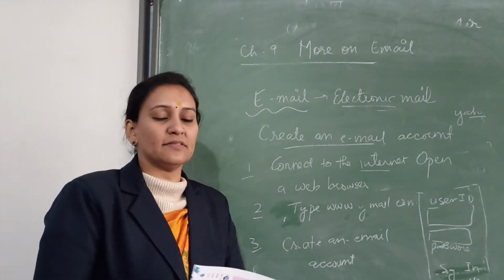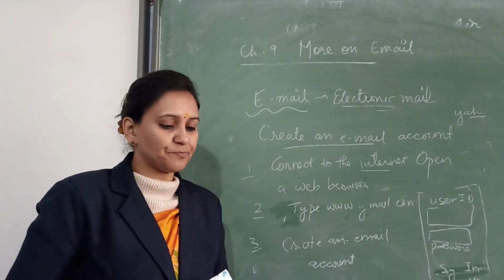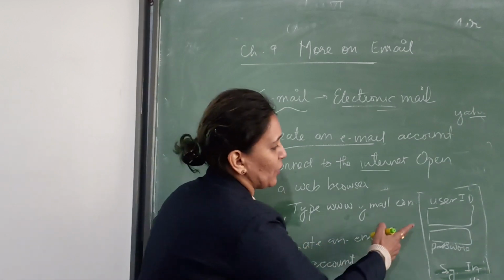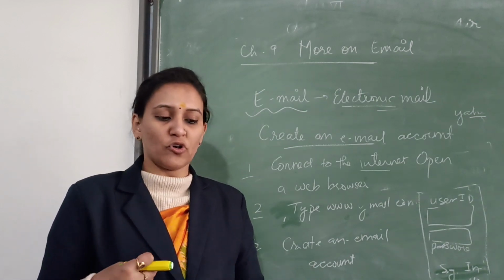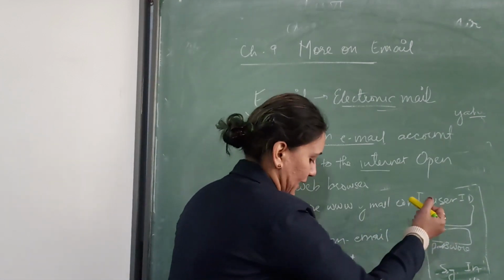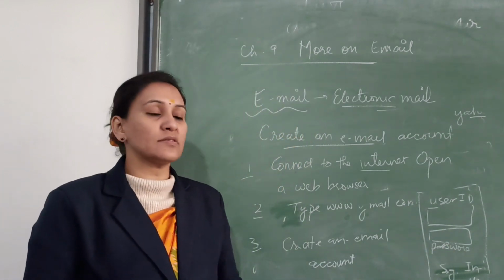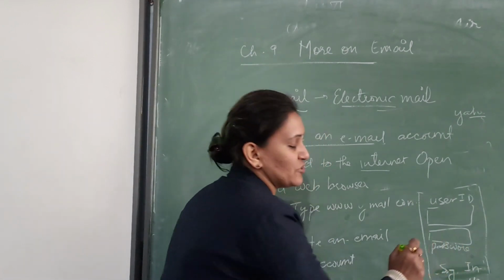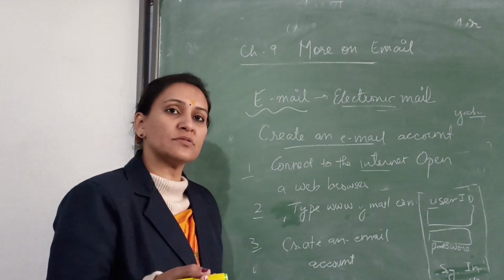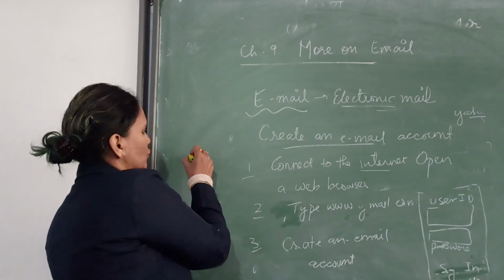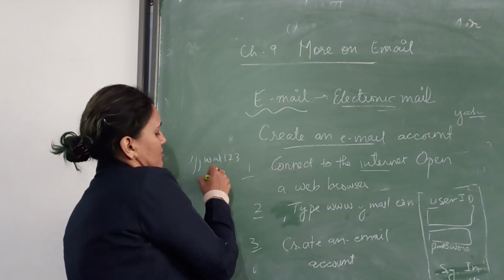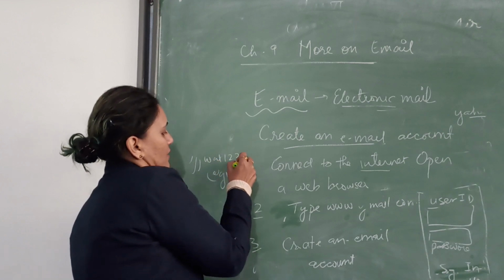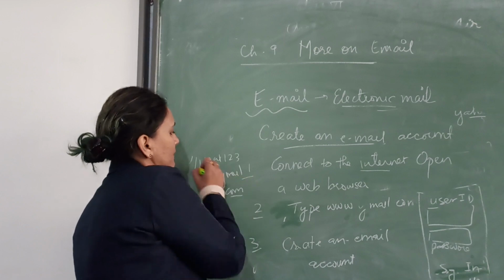Then step number 4 is that you have to type the desired account name of your choice in your ID box and the email box, and there is an availability check button. Suppose you have thought of the name ujjwal123@gmail.com.